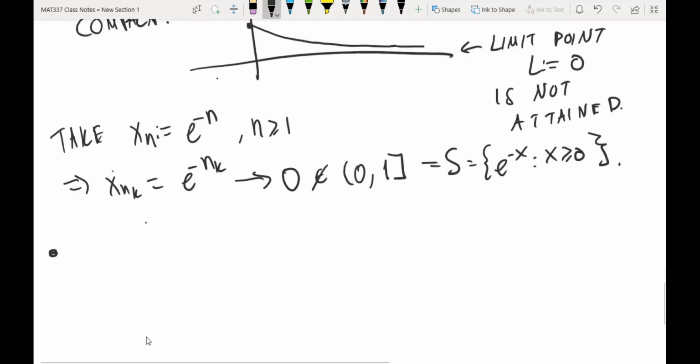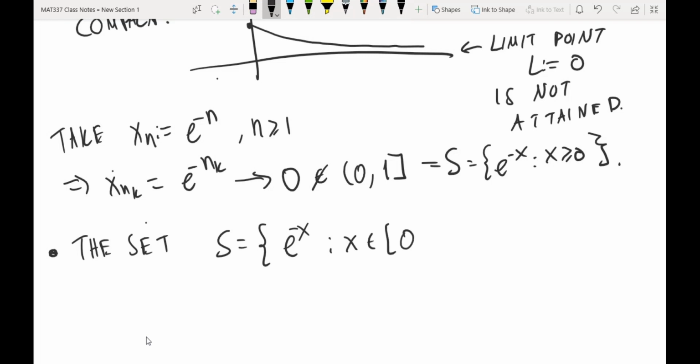On the other hand, the set E minus x, but for x in a compact set, is compact.